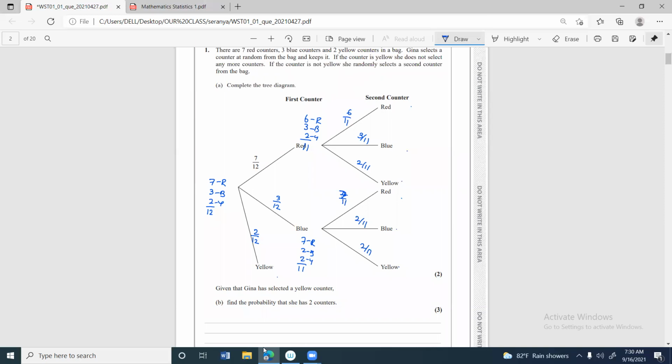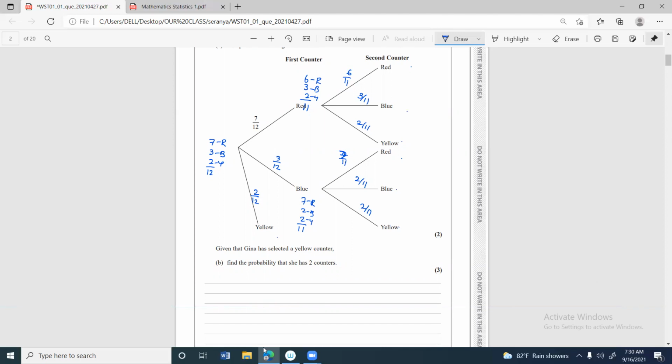Find the probability that she has 2 counters, given that... this is the point where we have to be very particular. In some situations they just ask us to find the probability, but sometimes this is associated with conditional probability. Read the question properly. In this question, most of the students made this mistake: they didn't read the question.